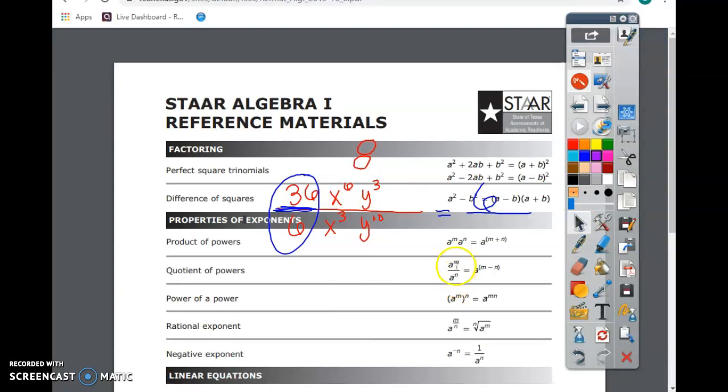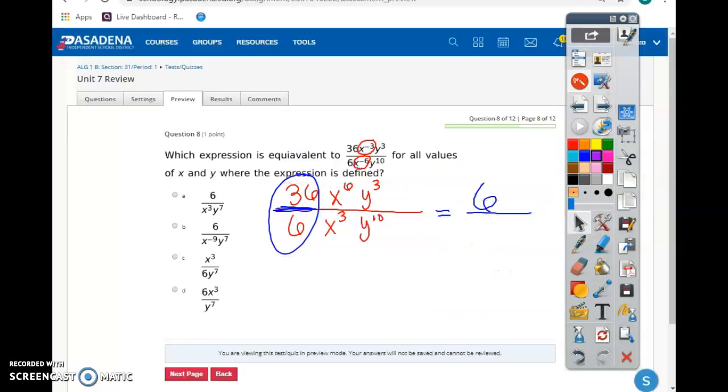When they're being divided, what do you do with them? You better look at your formula chart. Division, you're going to subtract. Se van a restar. You're going to subtract. So, what's 6 minus 3? 3, right? There's more on top than there is on bottom, so they're on top.